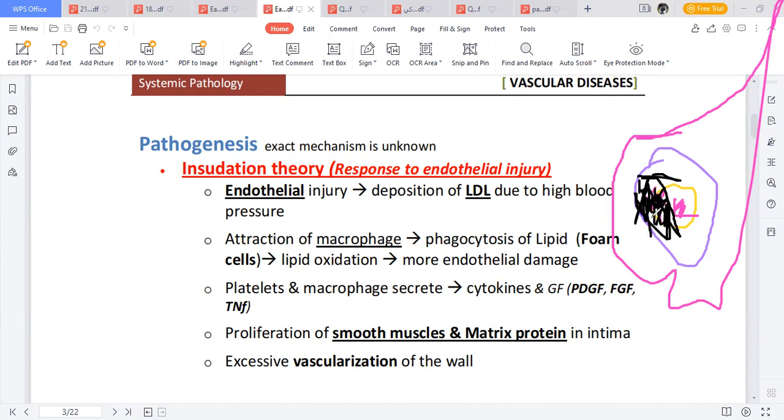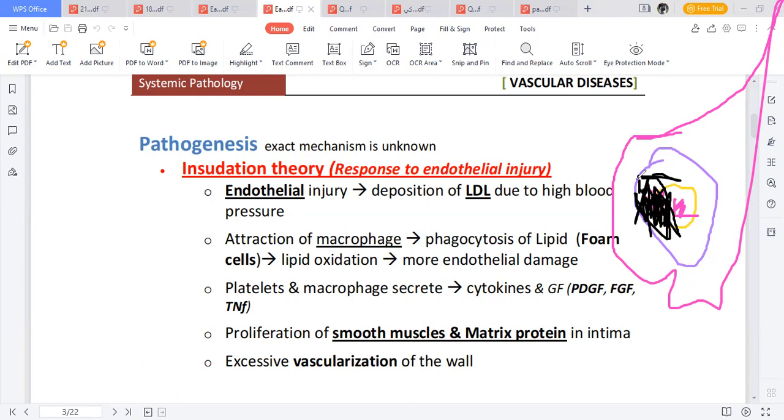When it fixes like that, it is called an atheroma. Or at first it is called the fat streak. So this is what it is called at first.